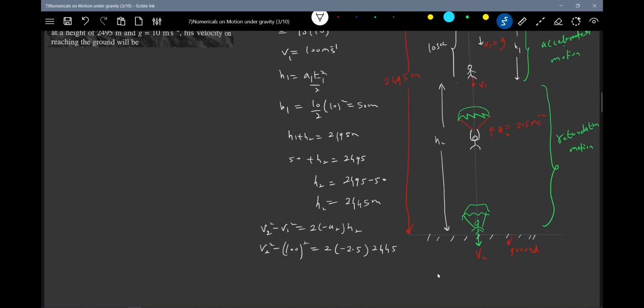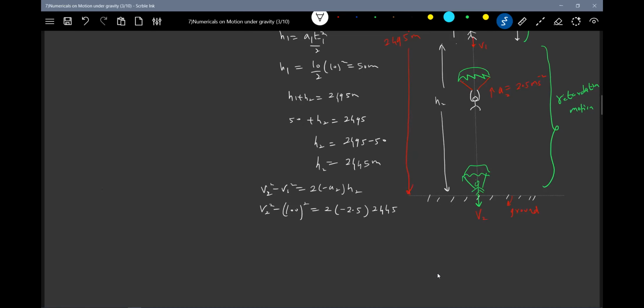Let me use the calculator. 2 into 2.5 into 2445 is 12,225. V1 is 100, so V1 square will be 10,000, minus 12,225.